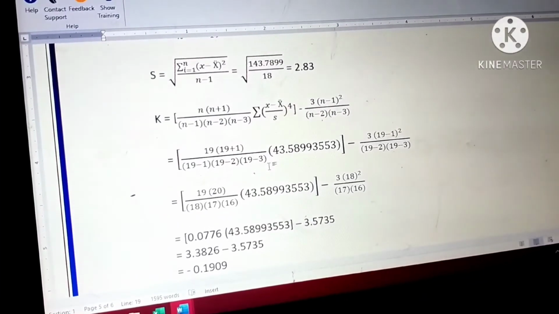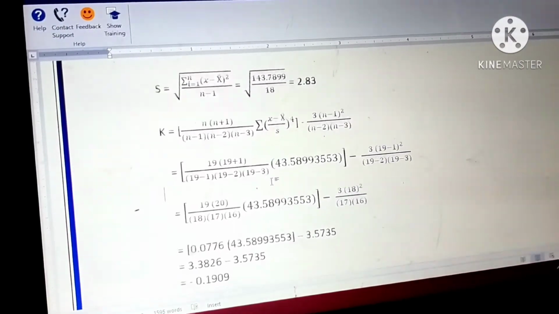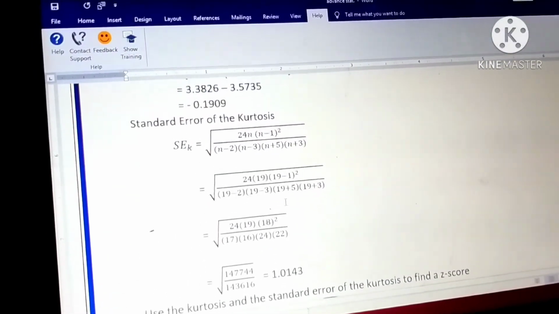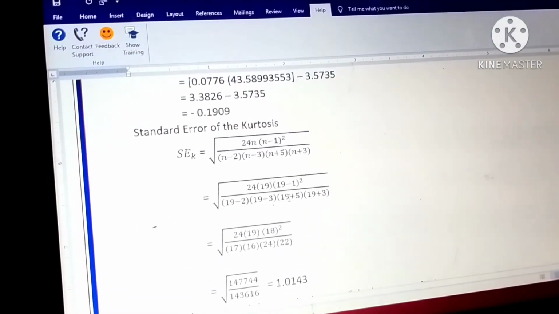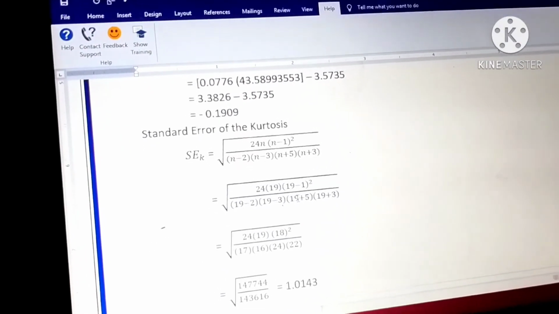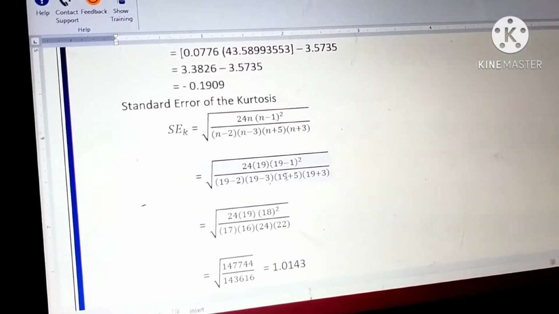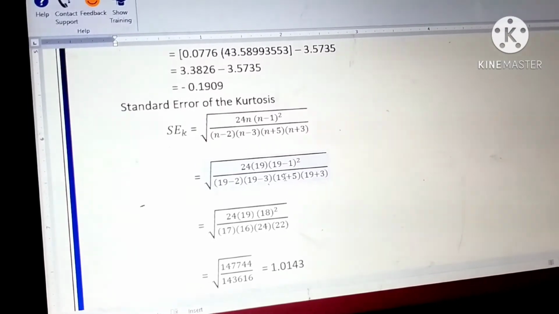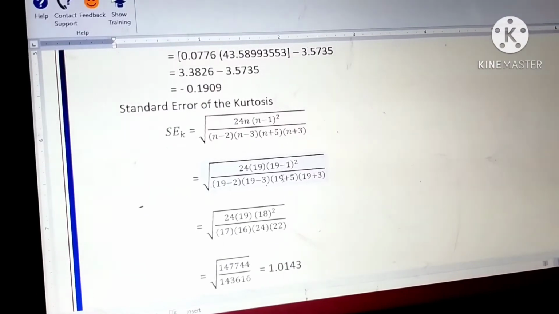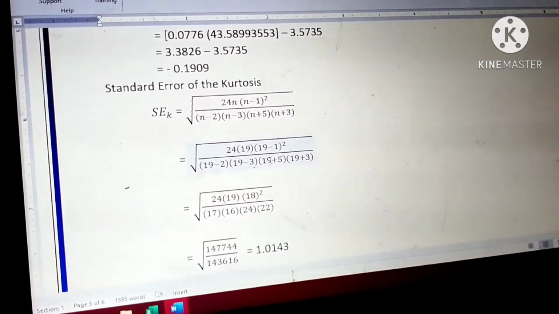Since we already have the kurtosis of the data, now let's proceed to the standard error of the kurtosis, where standard error of the kurtosis is equal to the square root of 24 times the quantity of n minus 1 squared all over the quantity of n minus 2 times the quantity of n minus 3 times the quantity of n plus 5 times the quantity of n plus 3.